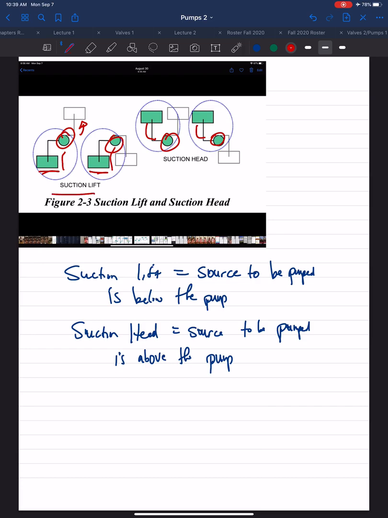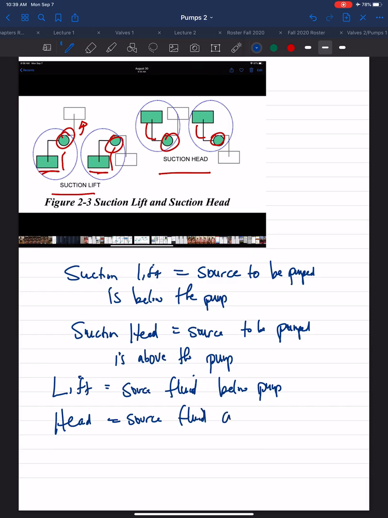So the suction lift versus suction head: lift, source fluid below pump; head, source fluid above pump.